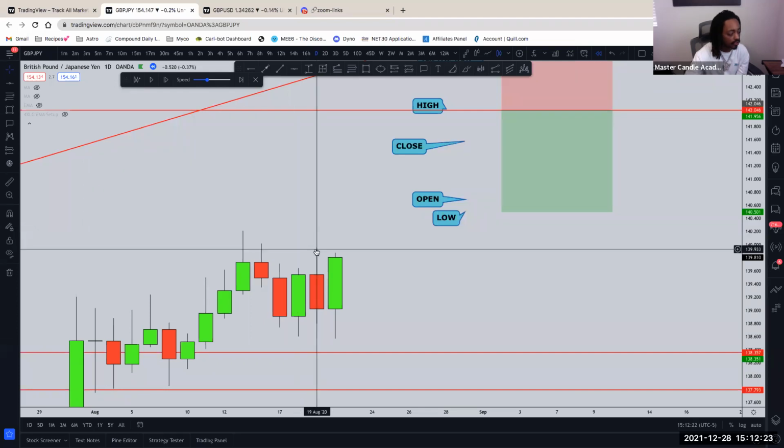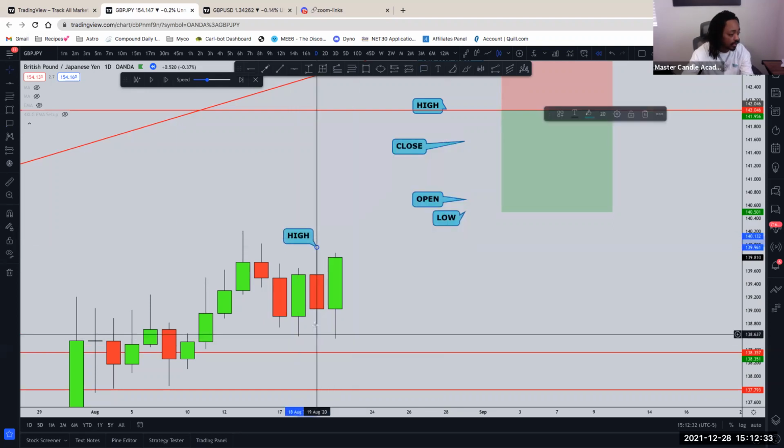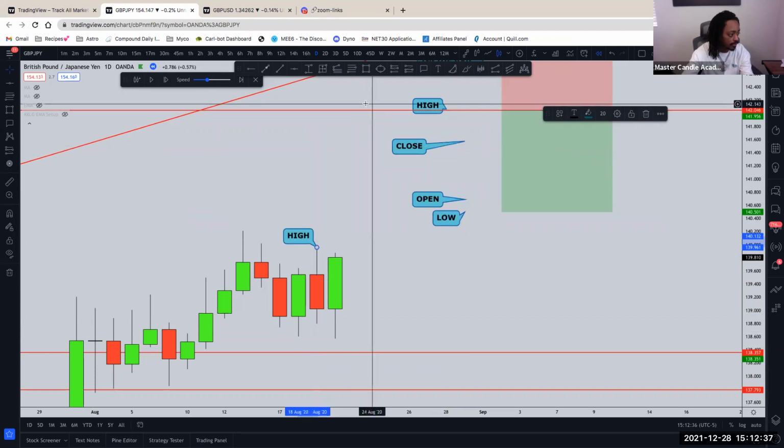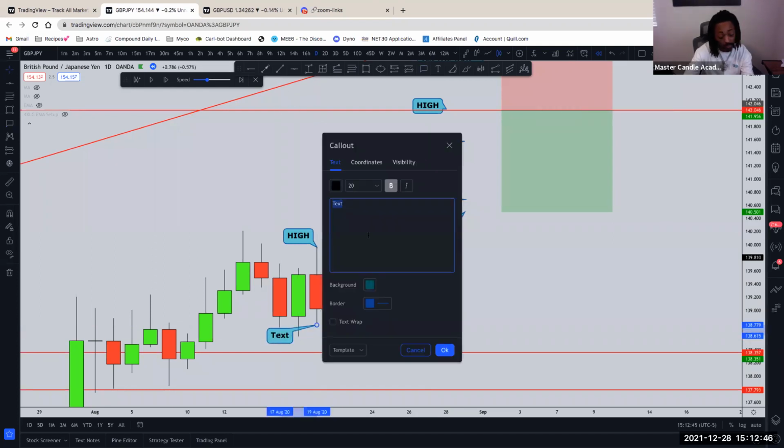Where are we in the structure of this candlestick? What is this? I'm going to be super tedious about this, guys, just so I know we understand it. What's this here? All right, we'll just talk about the high and the low for right now. I don't even need to put the open and the close. I believe you guys know where that is.